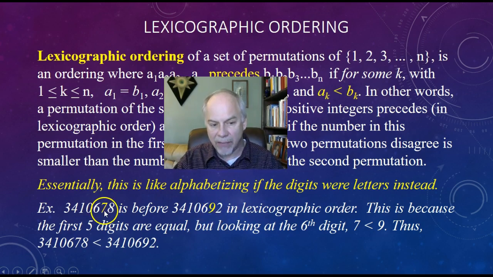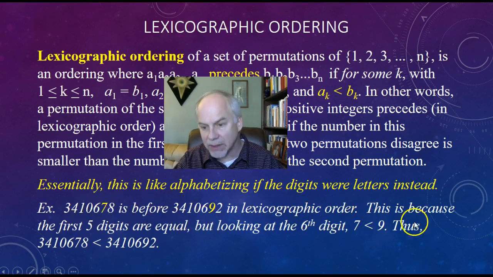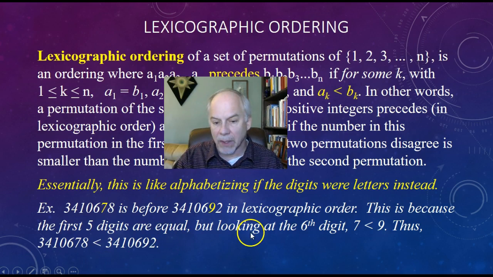Now because the 7 is less than the 9, then in lexicographic order, the first one will precede the second one. All right? So like I said, this is because the first 5 digits are equal, but looking at the 6th digit, 7 is less than 9, so the number 341067 is going to be less than 341069. All right.